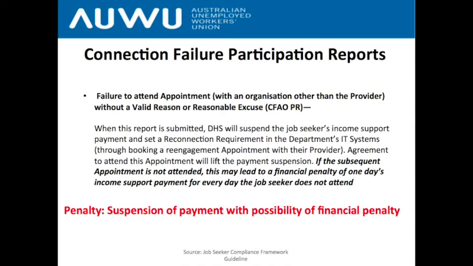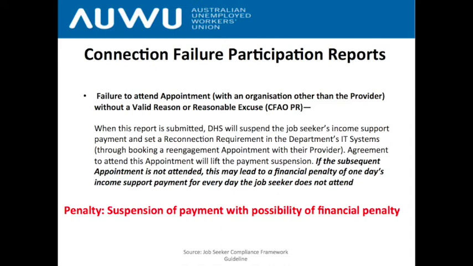So in the scheme of things, this is not a very serious penalty, because it starts off with a suspension and it only leads to a financial penalty when the unemployed worker doesn't attend the re-engagement appointment. And before we really get into the nitty-gritty of all these participation reports, it's worth talking about what a suspension is.